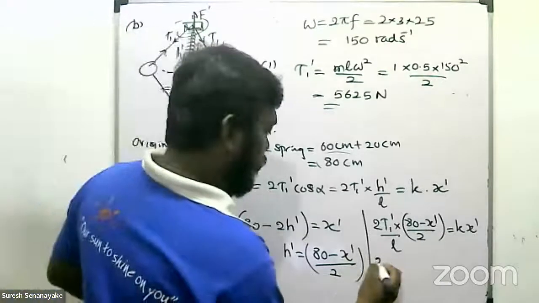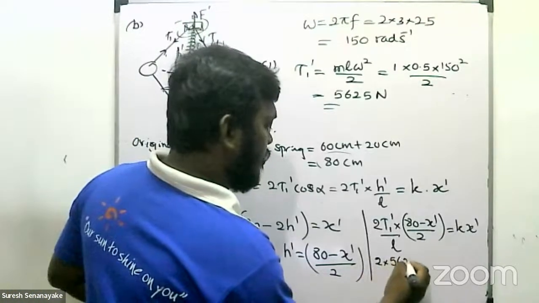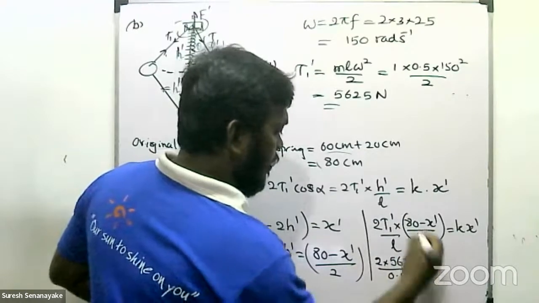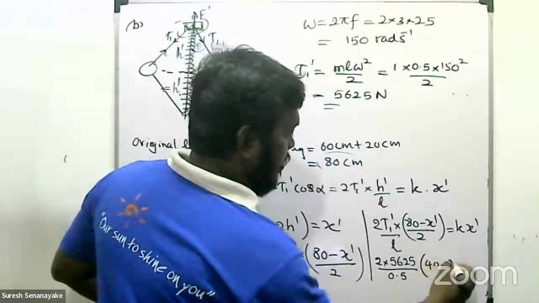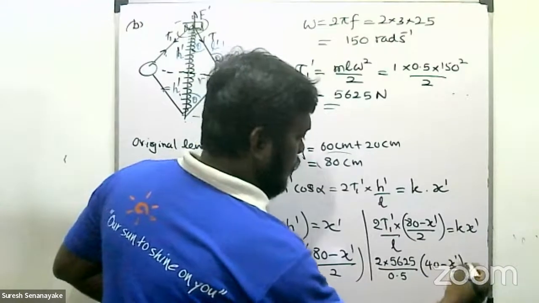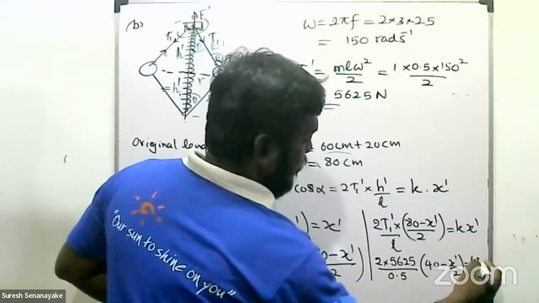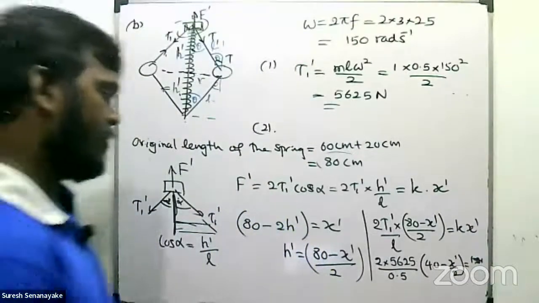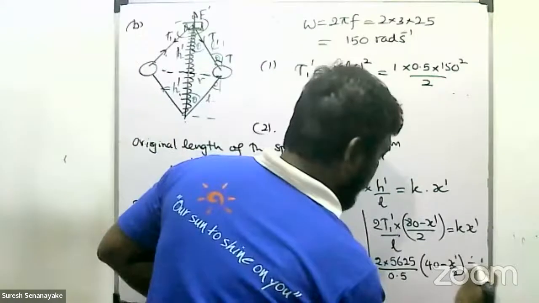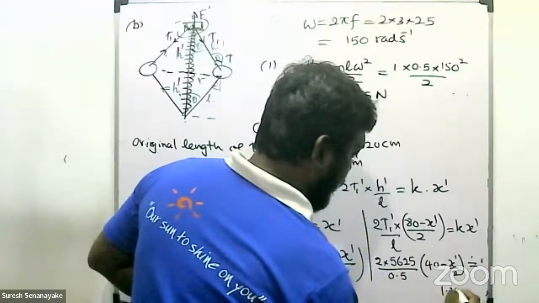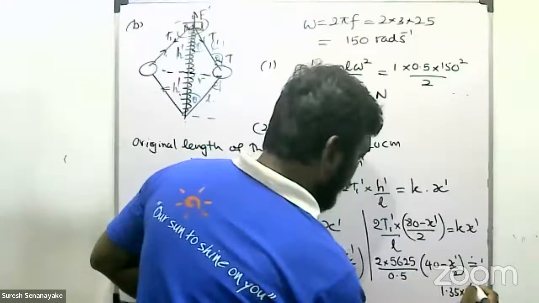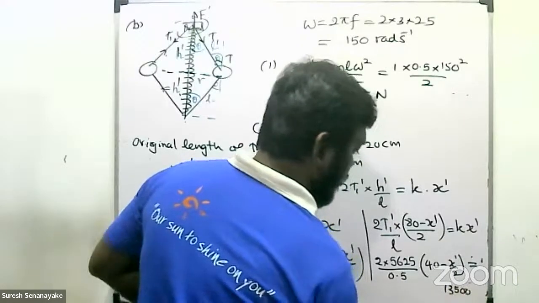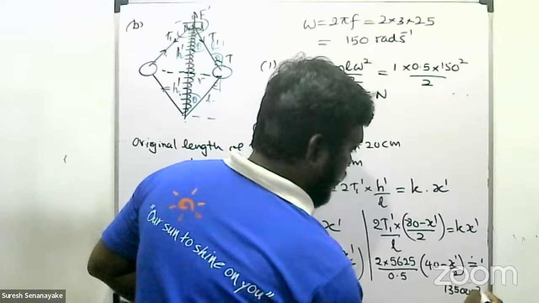When we substitute, 2 into 5625, L is 0.5, and you can make 40 minus x dash over 2, then 1.35 into 10 to the 4, plus this million into x dash.